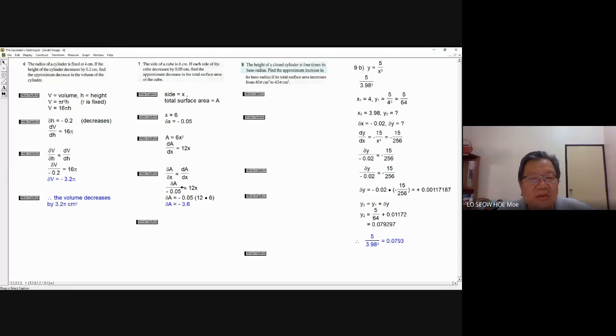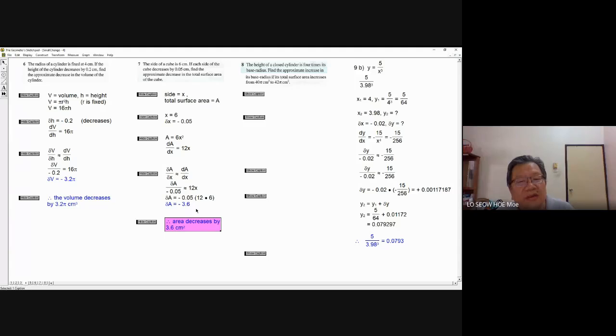So substitute delta x equals negative 0.05, dA/dx equal to 12x. And what is the value of x you should put in? 6. So calculate, it is negative 3.6. So negative 3.6 means what? Area decreases by 3.6 centimeters squared. You have to write this statement, 1 mark.